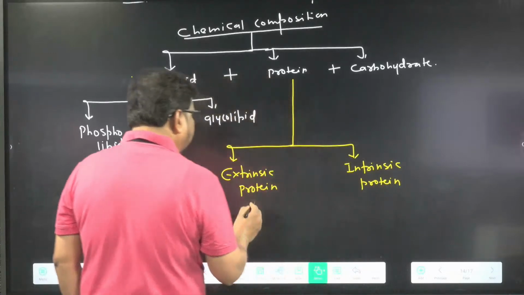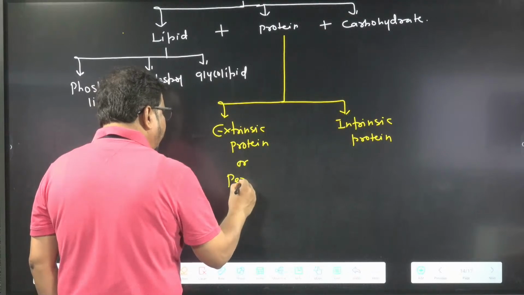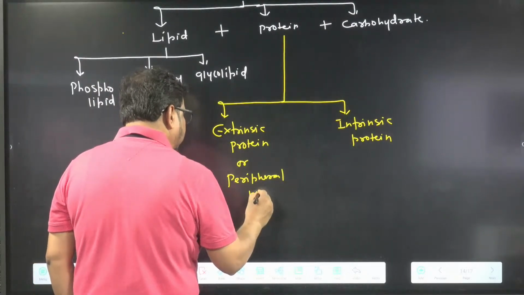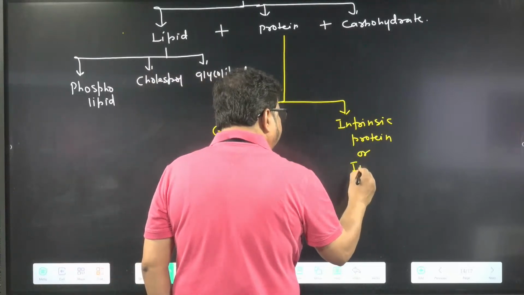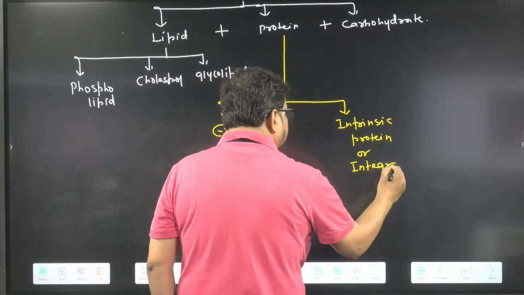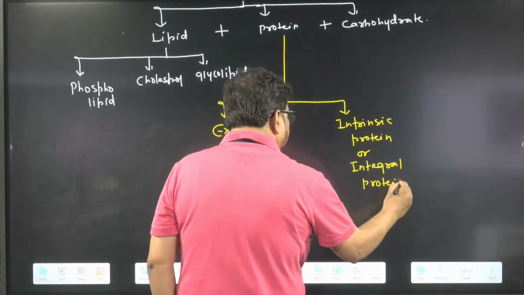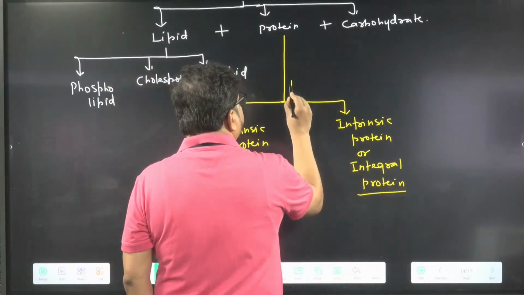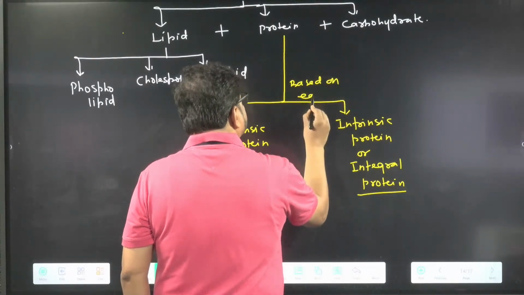Is it clear in the mind? Extrinsic protein is also called peripheral protein, and intrinsic protein is also called integral protein. These proteins are classified based on ease of extraction.